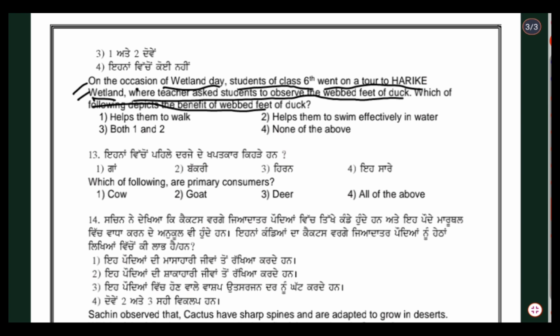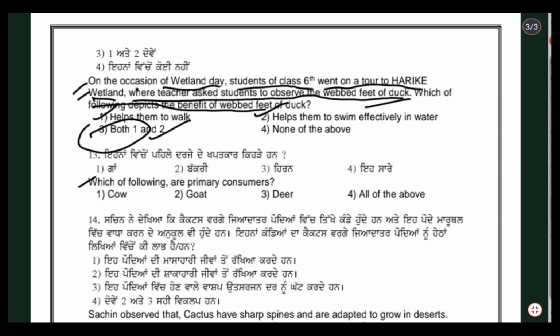So, dear students, we all know that the duck can move on land as well as swim in water, right? So, option first and option 2, they both are right in context to the duck. So, the right option which we are going to take is both 1 and 2. Option number 3 is the right option.